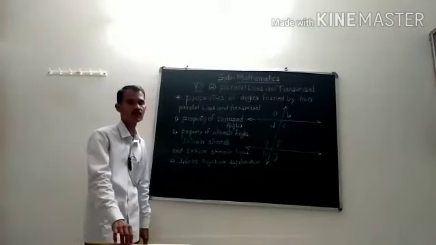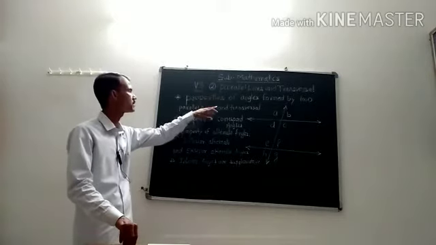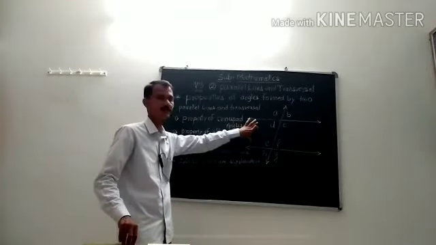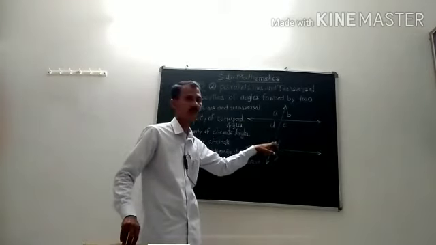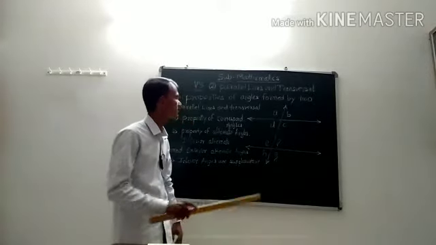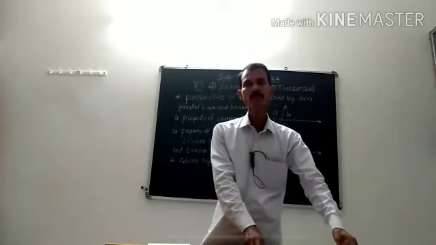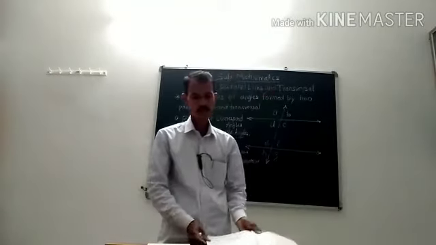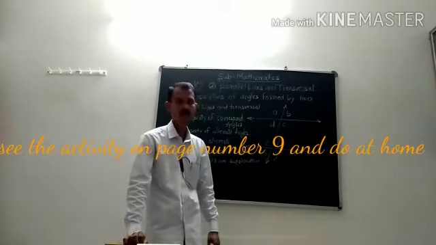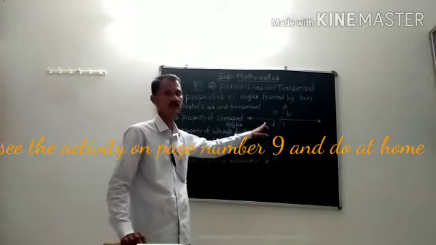Now, today we are going to study the properties of angles formed by two parallel lines and transversal. Given lines are parallel and there is a transversal, 8 angles are formed. Then here, on page number 9 in the textbook, there is a small activity about these angles.